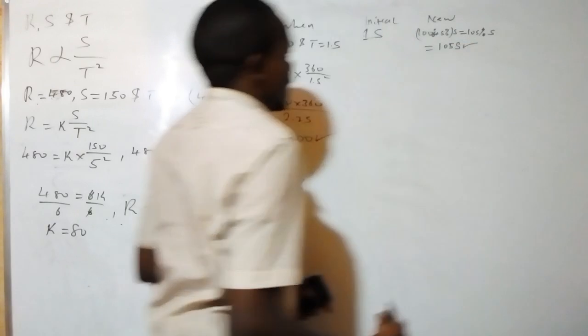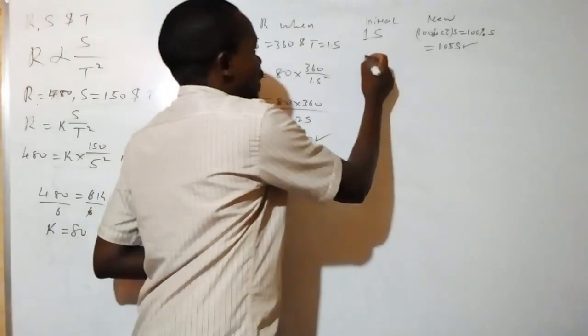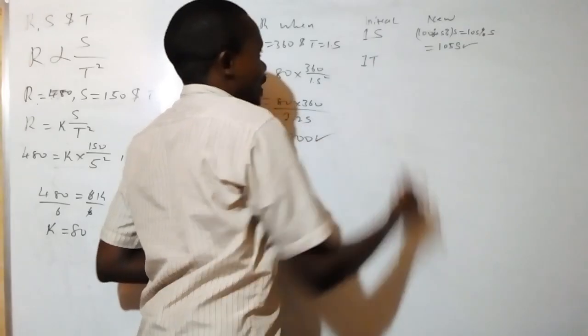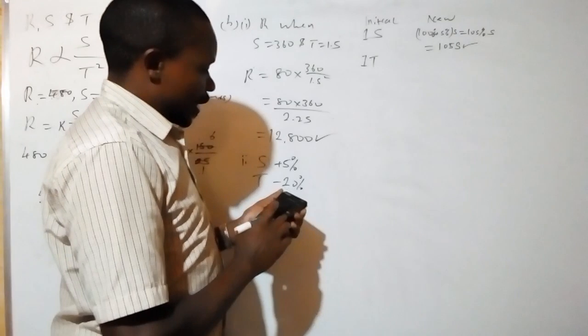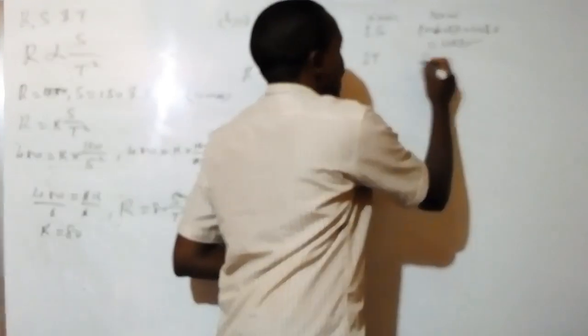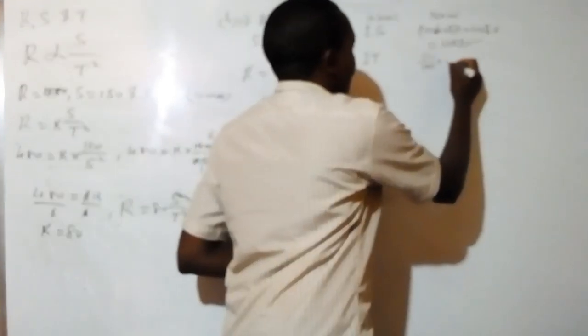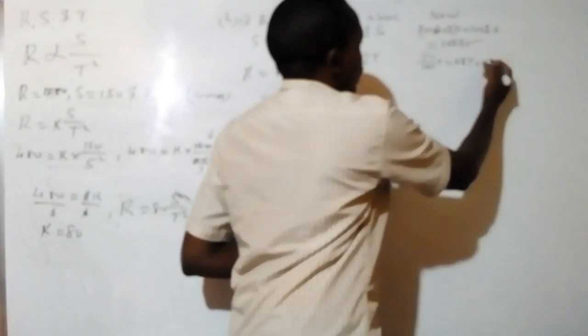We proceed to T. Initial value was 1T, but now it has been decreased by 20. So we are going to have 100 minus 20, which is 80, all of 100T, and this will be 0.8T. This is the new value of T. Old value of T is this.